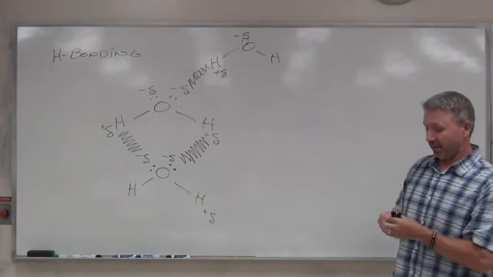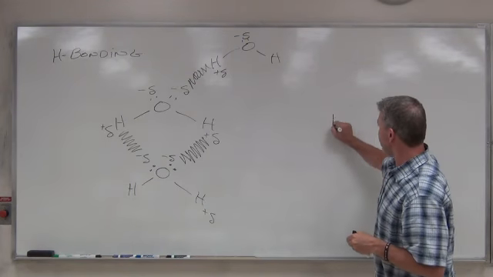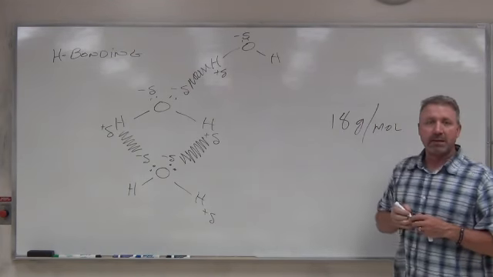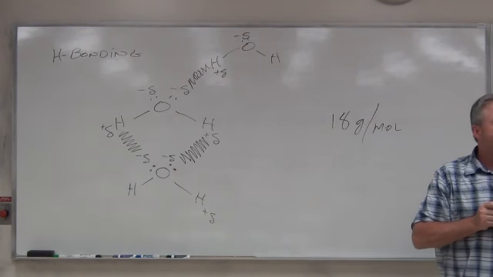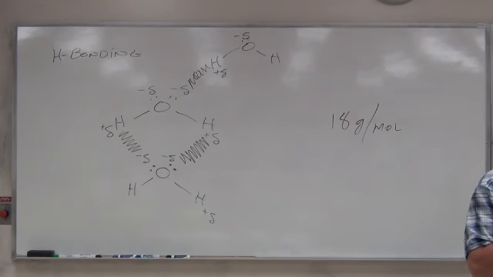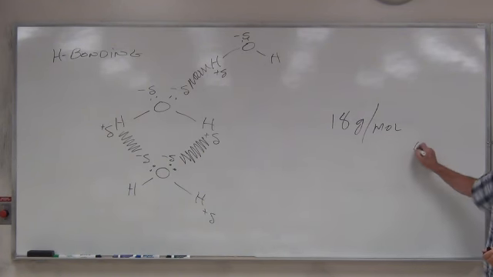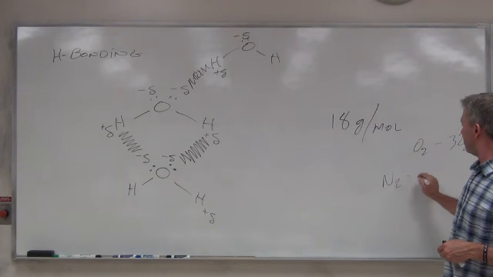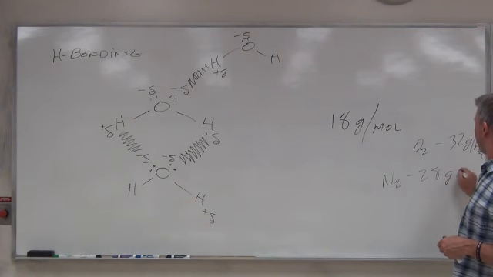Think about water. What's the mass of water? 18 grams per mole, right? Everything else around 18 grams, smaller, bigger, is a gas at room temperature. Look at O2. What's O2? 32 grams per mole, right? N2, 28 grams per mole.